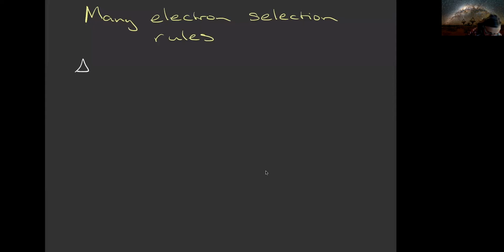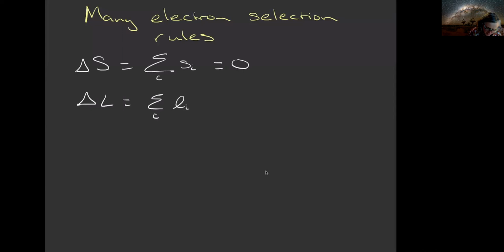You have that delta capital S, which recall that's the sum over all electrons of the individual spins, has to be equal to 0. Delta L, which again is the sum over all individual angular momentum quantum numbers, has to be equal to, in this case, 0 or plus or minus 1, as well as the above.